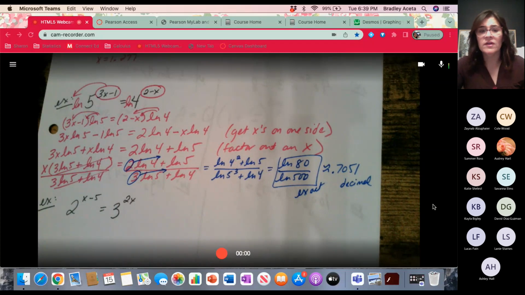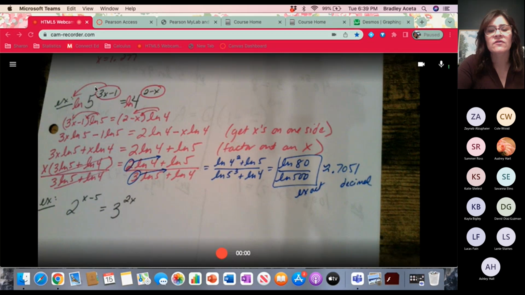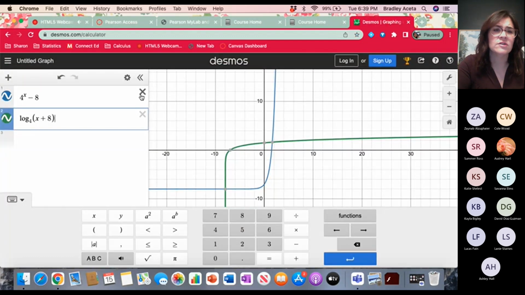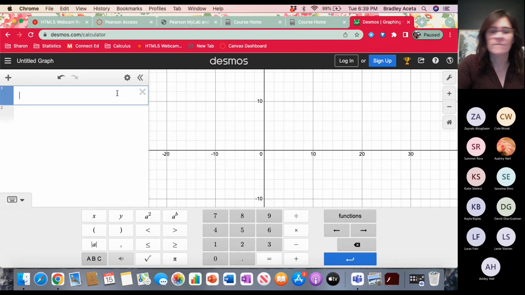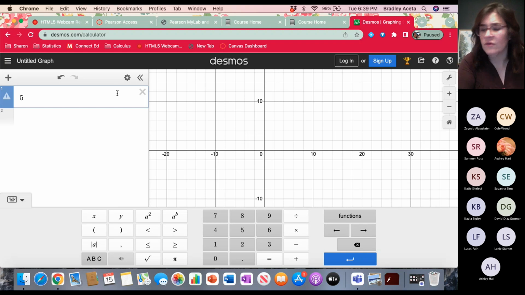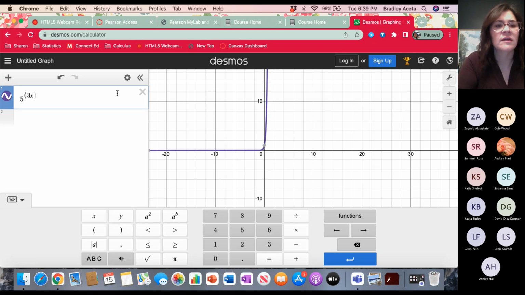Just to show you if you did it right, you can put the left side, which is 5 to the 3x minus 1, into your Desmos, and then 4 to the 2 minus x into another part of Desmos. So I'm going to write 5 to the power of 3x minus 1. You need a parenthesis.